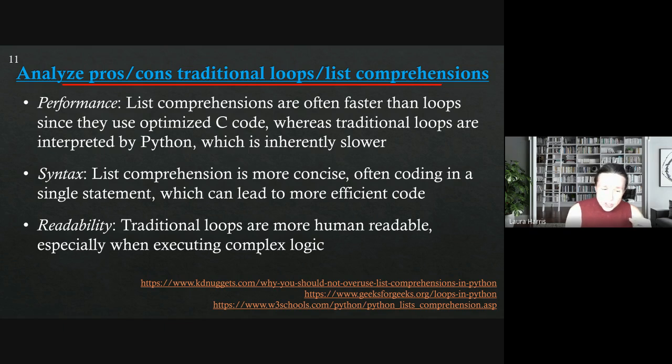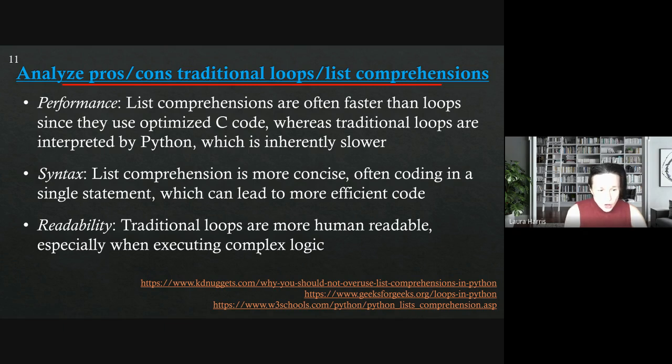Further, there's shorter syntax. As we just saw, list comprehension is more concise, often can be coded in one single statement, and that leads to more effective code. With that said, we also have to consider readability.